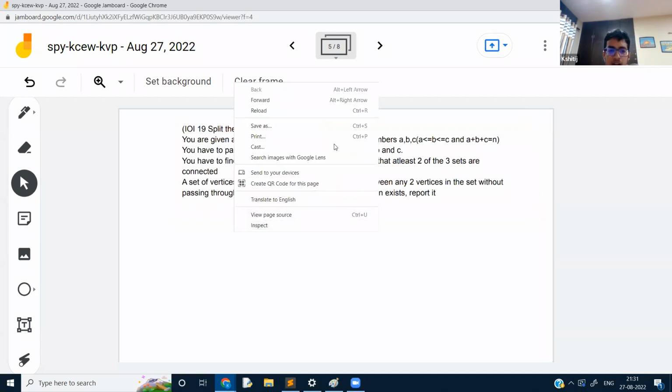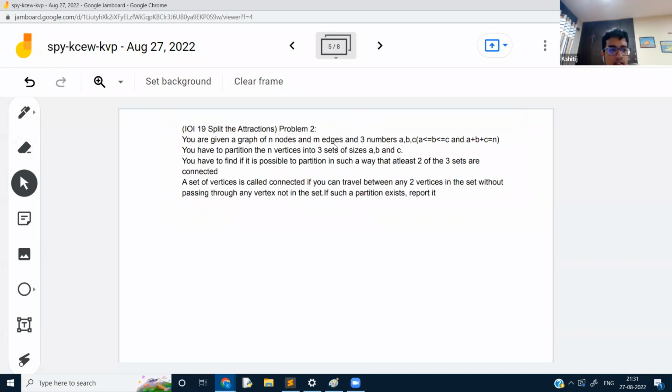It need not be a tree. For the tree, the problem is much easier. And you are given three numbers A, B, C in non-decreasing order, and the sum of them is n, where n is the number of nodes.